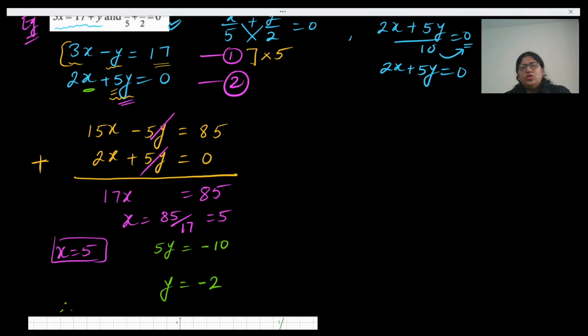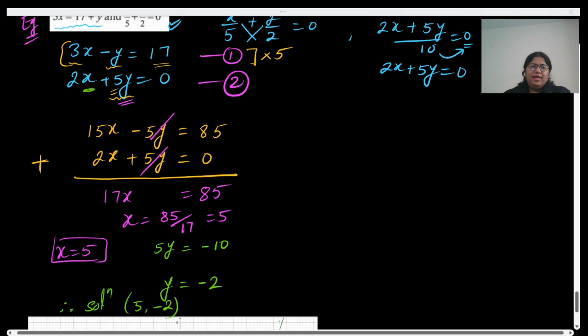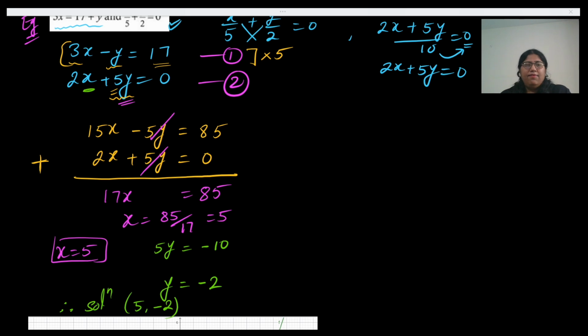So what is your solution here? A unique solution, which in the form of an ordered pair is 5 comma minus 2. That means both the lines, because the graph will be straight lines, are going to intersect at 5 comma minus 2.